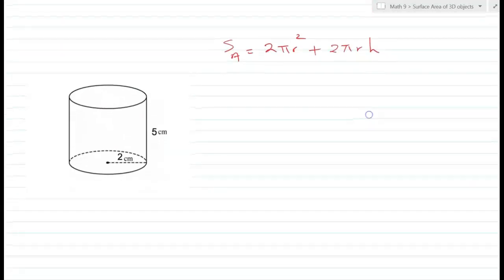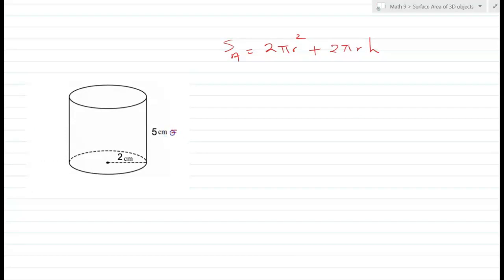All right, so here, we just have to realize that this is your height, this is the radius for the circle at the bottom. So just plug numbers in. 2 times pi times 2 centimeters squared plus 2 times pi times 2 centimeters times 5 centimeters.